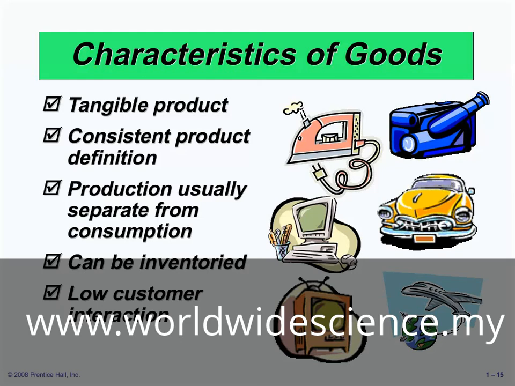to customers. Low customer interaction. Customers cannot see what's happening in the manufacturing company, because at first the goods are produced in the company, and after that go to market, and customers come to market and purchase these.